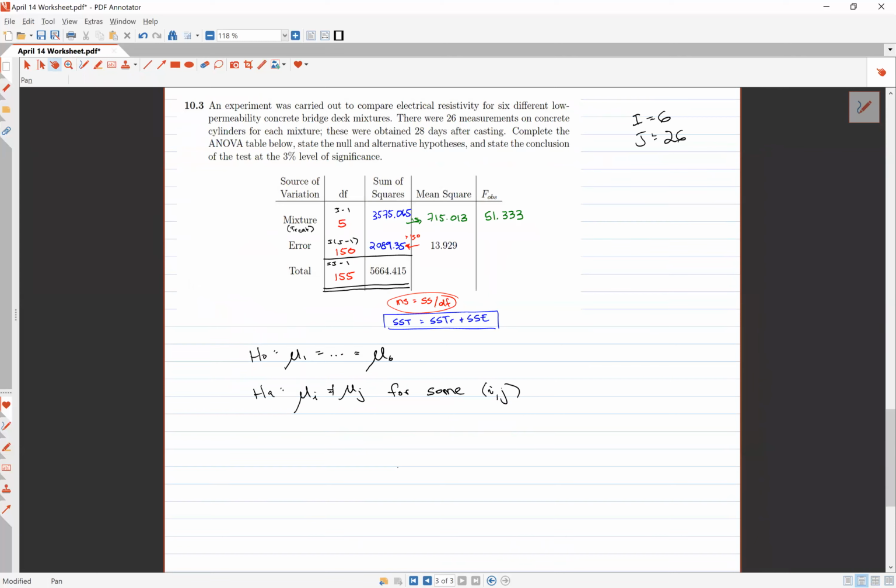So there is my completed sum of squares table. That is how all of those quantities connect together and relate to one another.